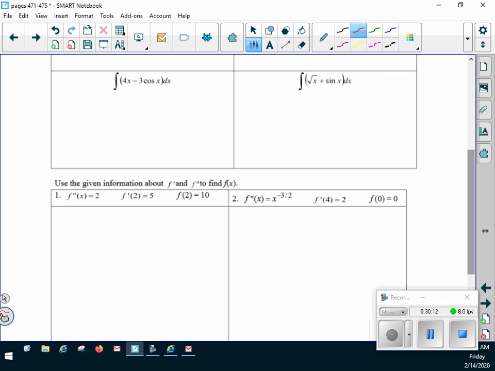How about the third one? Come on, work it. 2x squared. Now remember, you can pull that out as a coefficient, so you can think of it like this.